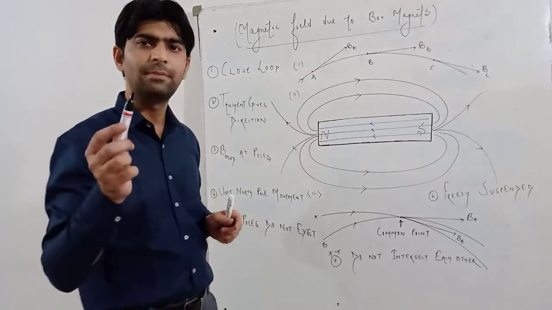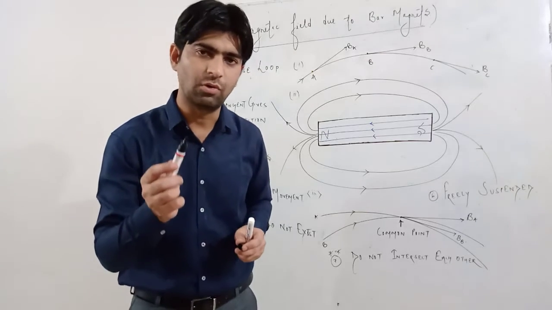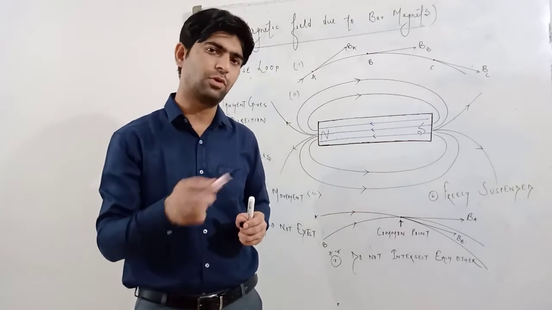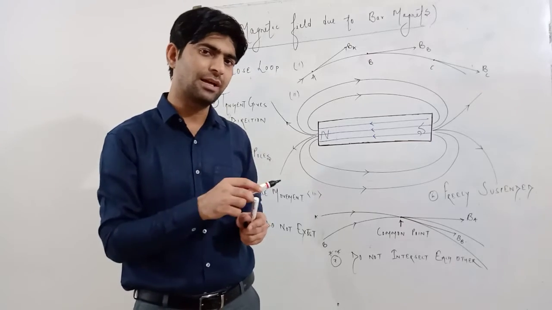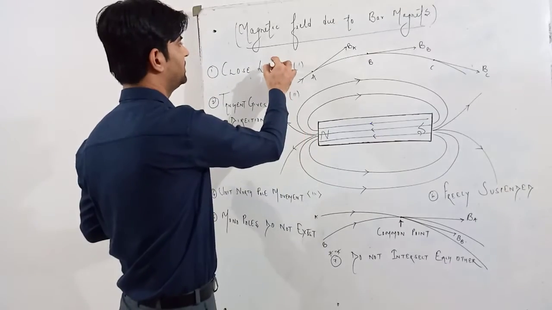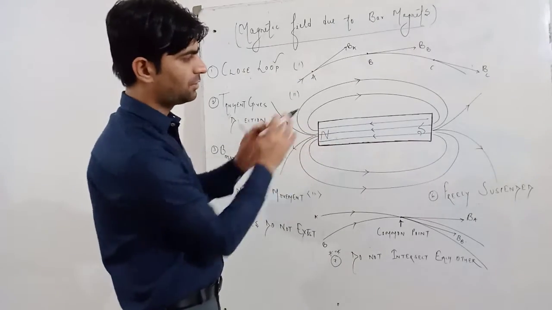That means the magnetic field line is a never ending line. It forms a closed loop. So the direction of magnetic field outside the magnet is from north to south, and inside the magnet it is from south to north, so it forms a closed loop. This is the very first property, in which we have seen that the magnetic field lines form a closed loop.